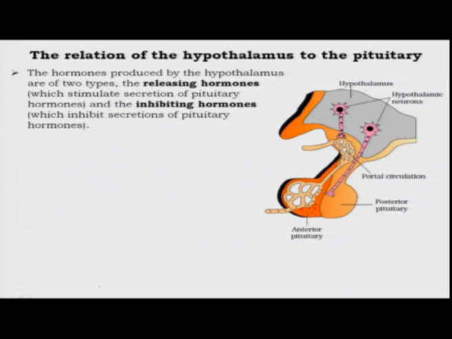So, let us see what is the relationship between the hypothalamus and the pituitary. Not only are they physically placed very close to each other, they also have a hierarchical relationship. For example, the hypothalamic hormones are required to release the hormones from the pituitary. Only when the pituitary cells receive the signal from the hypothalamus do they release their own hormones.